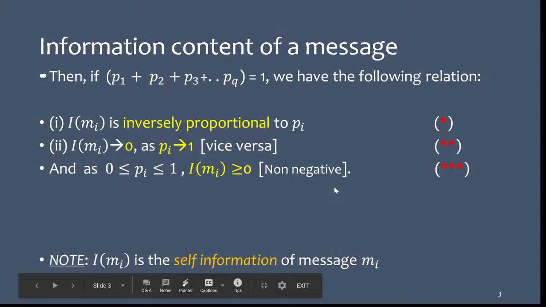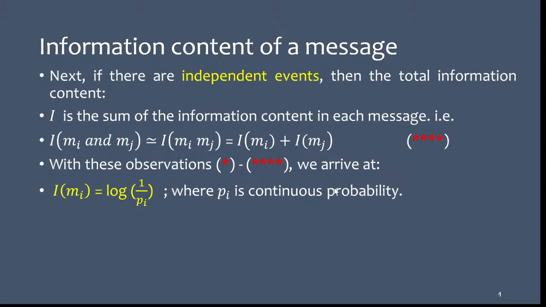Based on these points, as well as the point we see here, if there are independent events, then the total information content I is the sum of the information content in each message.